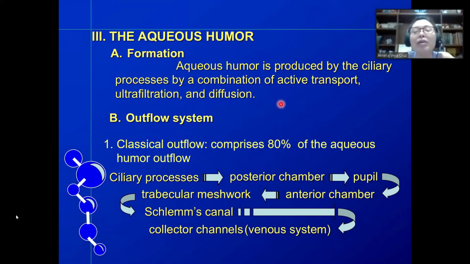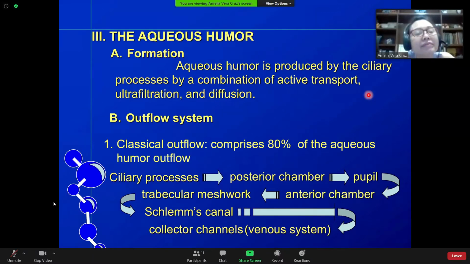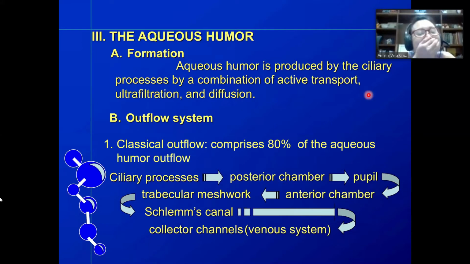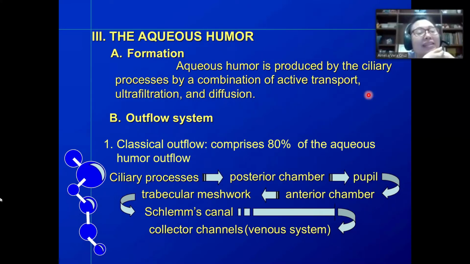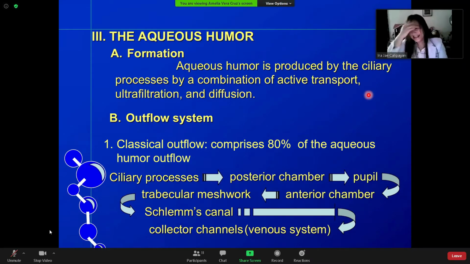Now, going back to the anatomy again. The ciliary processes. How many ciliary processes do you have on each eye? 50 to 70. Medyo tama na yun. Taasan mo pa.